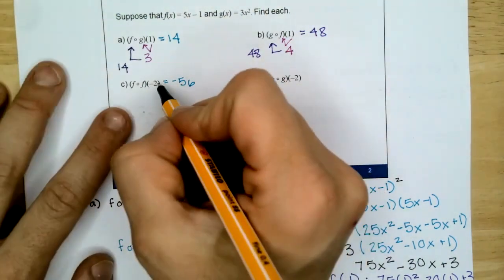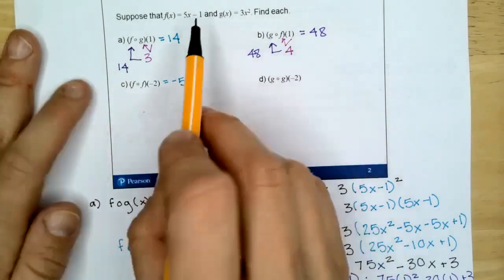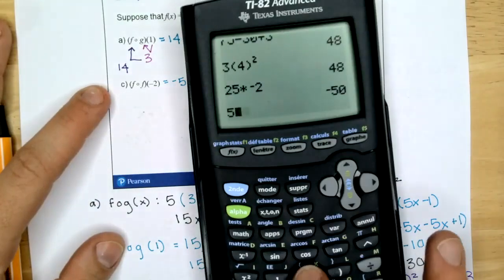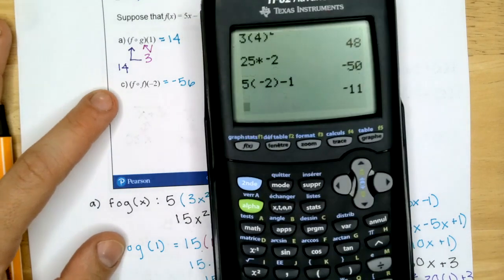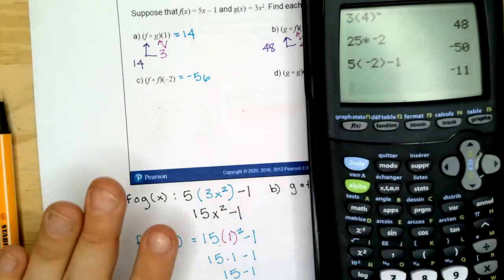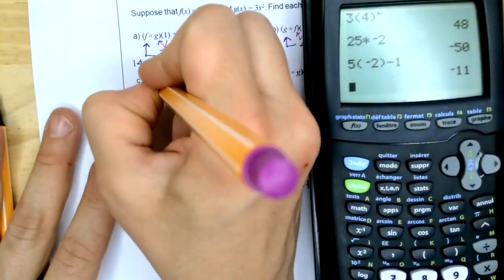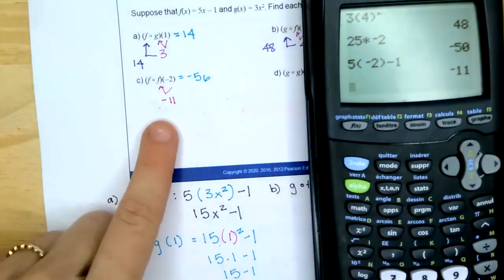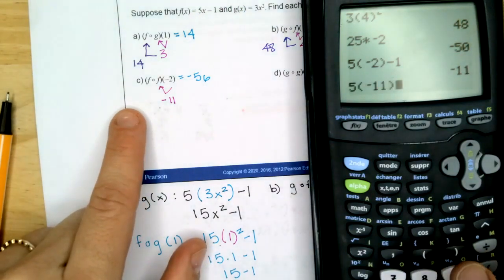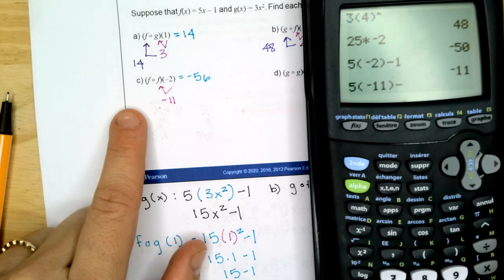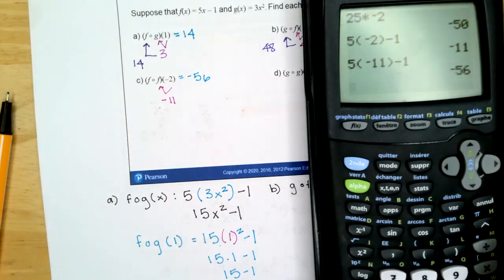All right, take negative 2 and put it in for f of x. 5 times negative 2 minus 1 is negative 11. Take that negative 11, put it into f. So now it's 5 times negative 11 minus 1, negative 56.